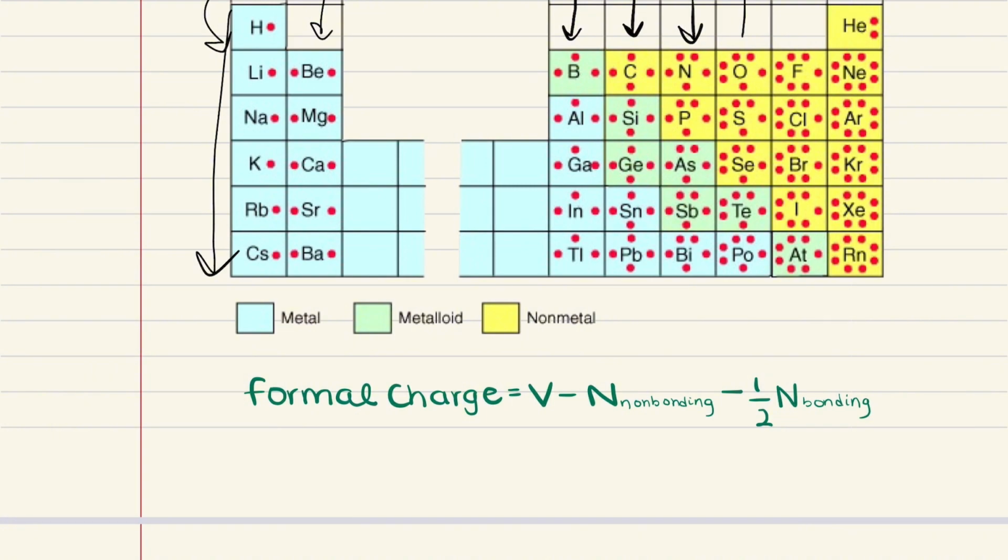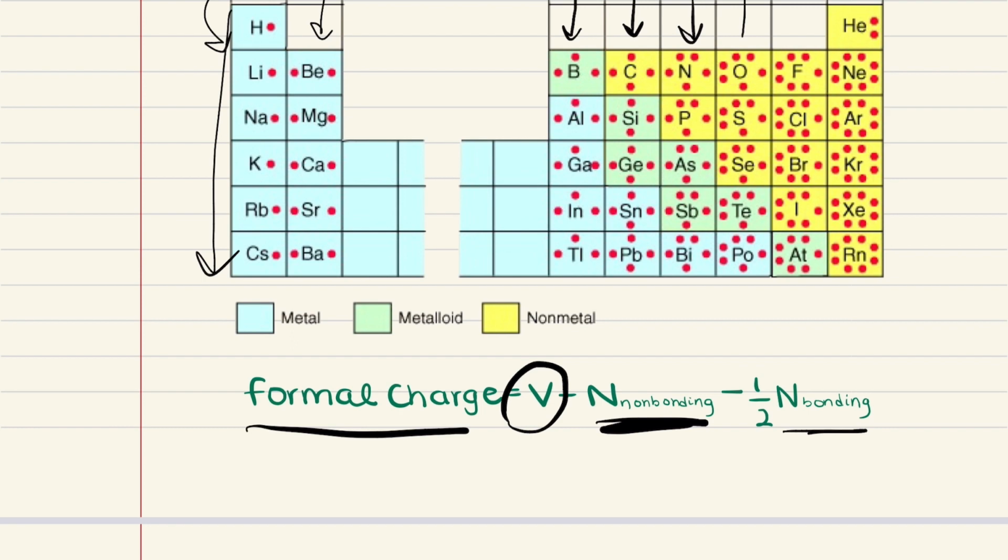But the formula is that the formal charge is equal to the number of valence electrons in a free atom minus the number of lone pair electrons, minus 1/2 the number of bonding electrons. And this gives you the formal charge.